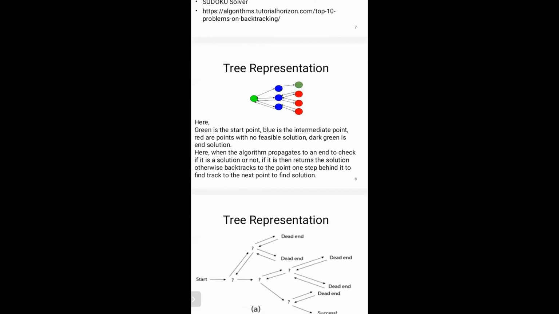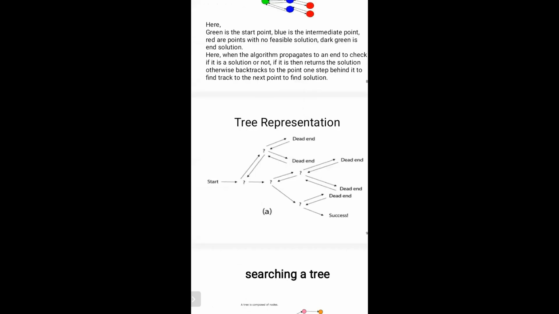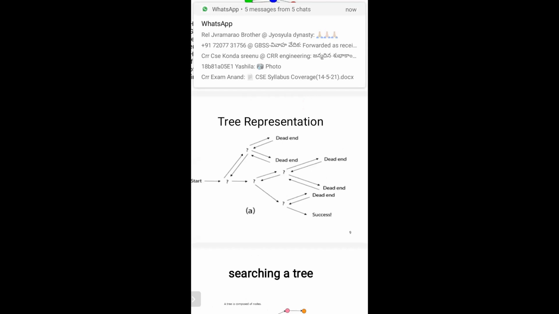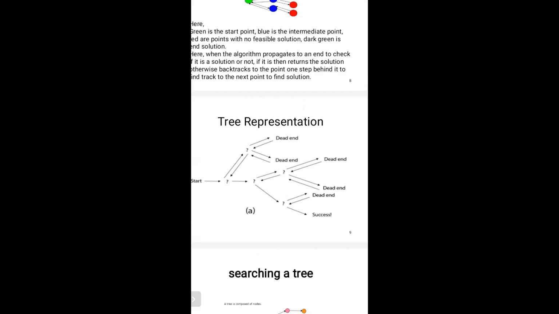So we have the tree representation. Just observe, we have the root node. From there, we are starting to find the solution to the problem. Some of the leaf nodes, when you reach, those are dead ends.